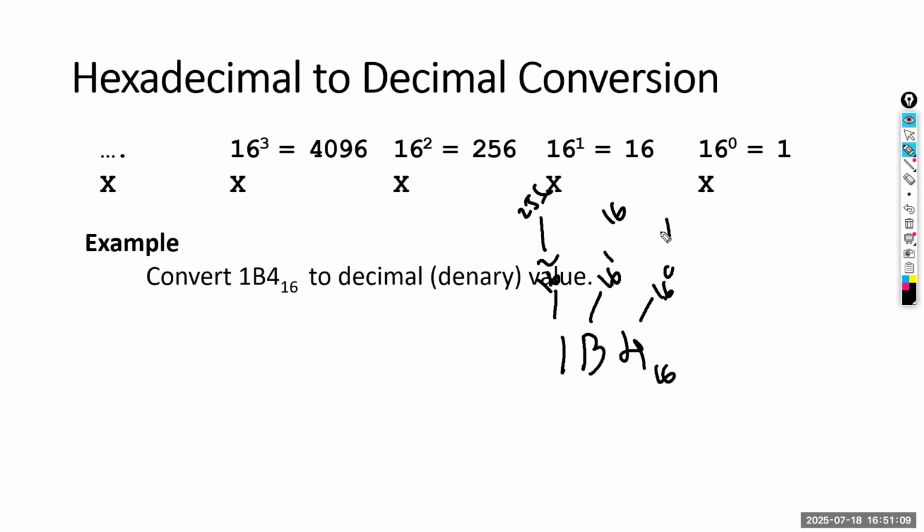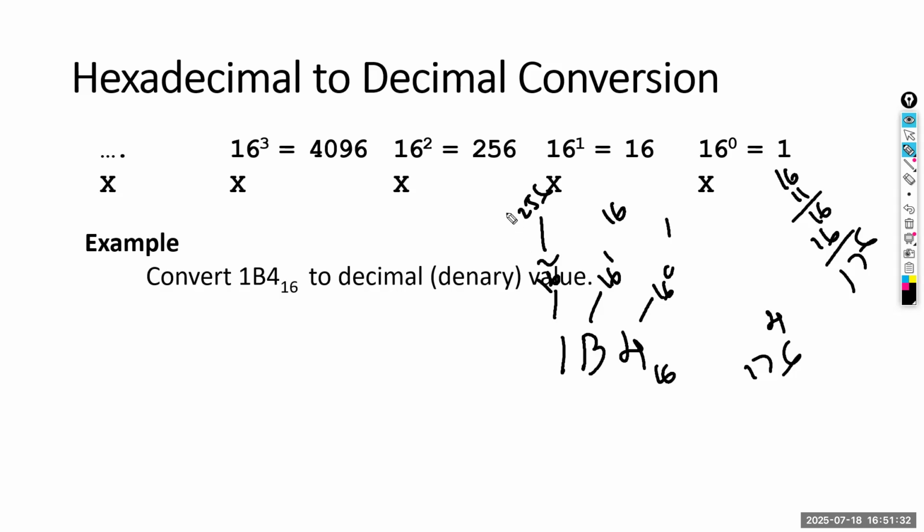So we have four ones. Four ones, that is 4. We have B 16s. Remember A is 10, B is 11. That is 11 16s, 16 into 11, that is 176.